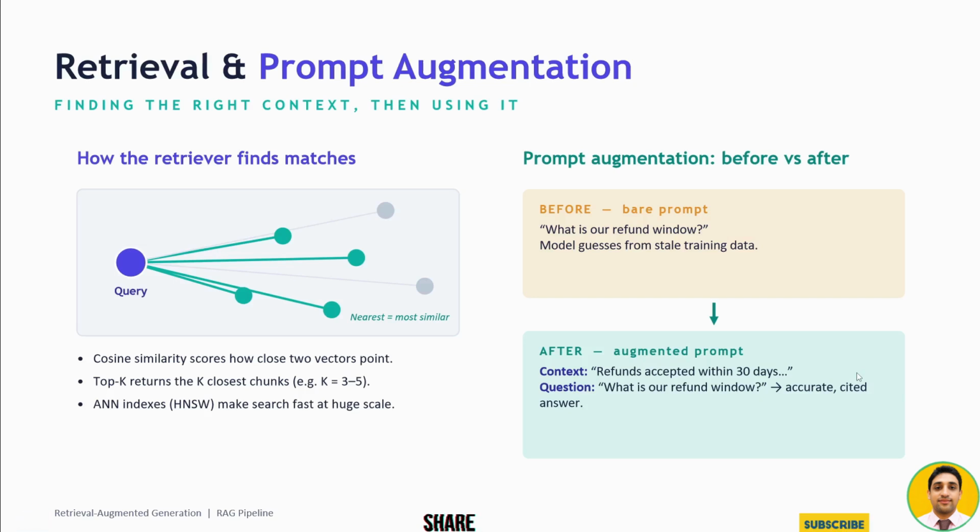After augmentation, however, the system first inserts the actual relevant context directly into the prompt. For example, a line stating that refunds are accepted within 30 days, and only then ask the question. The result is a response that is accurate and can be directly traced back to a real, verifiable source rather than being a guess.